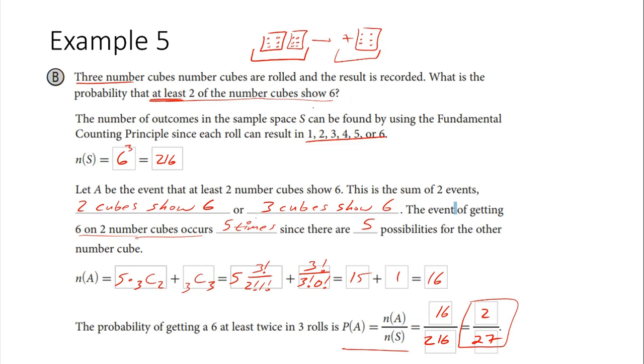So what I want you guys to do, and this is a pretty intense thought process, is discuss why it's 5 times. Why are there 5 possibilities for the other cube? Is it because if it's not a 6, there would be 5 other options?